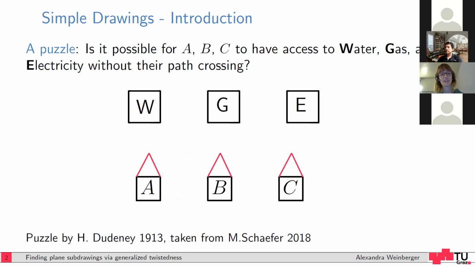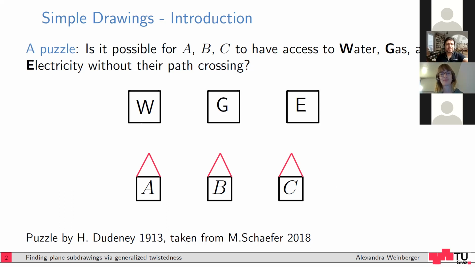And the question there is, given three houses A, B, C, how can we connect them with three facilities? One has water, one has gas, one has electricity, such that every house has access to each of these things, so water, gas, and electricity.